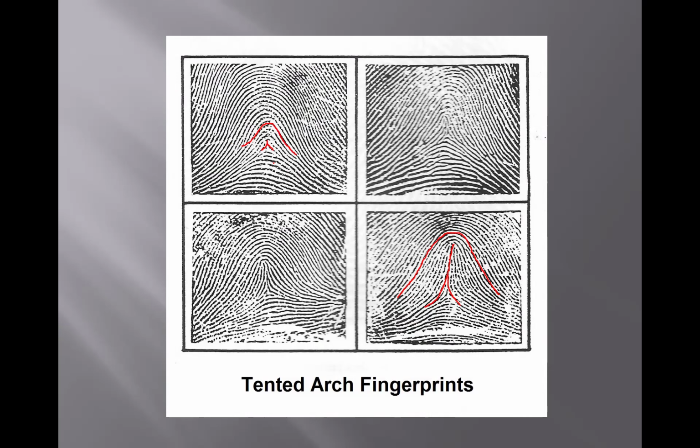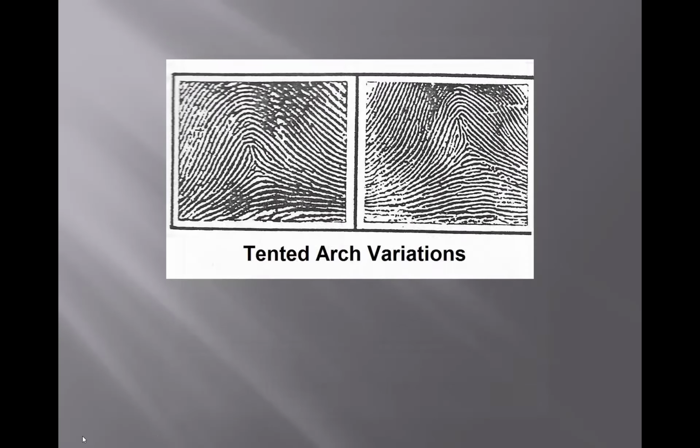It might be confused with an arch by some people. It's much easier to see when there is this distinctive thrust going up into the print. And what's characteristic of all tented arches is that there is no recurving of the ridges back on themselves.